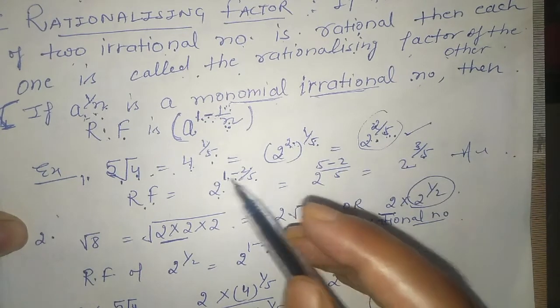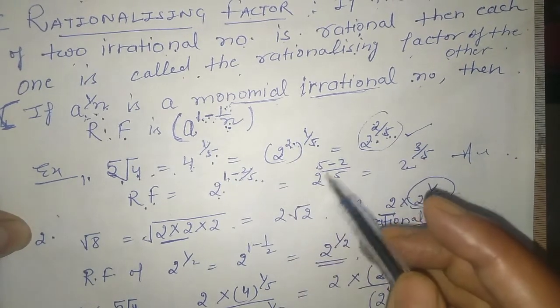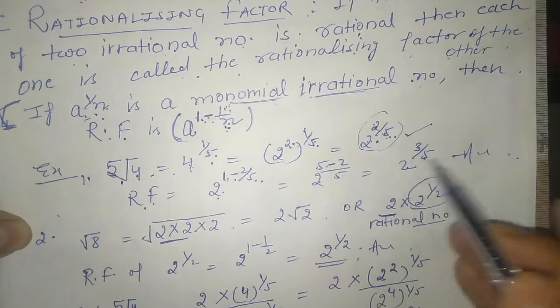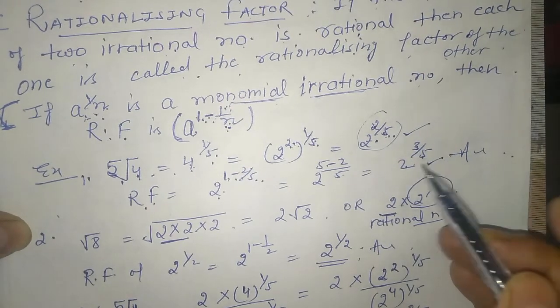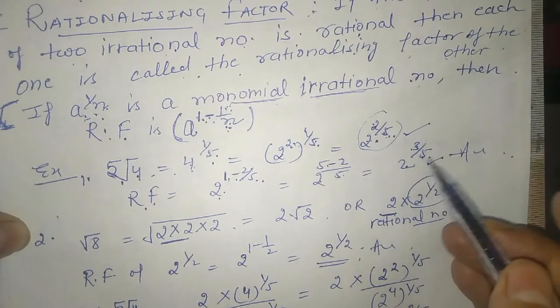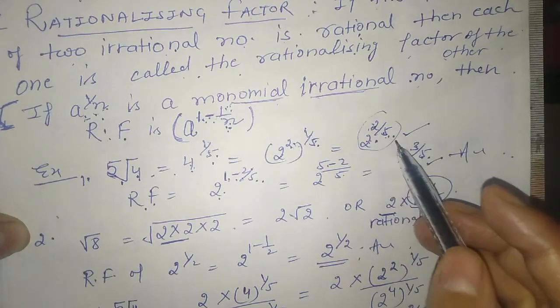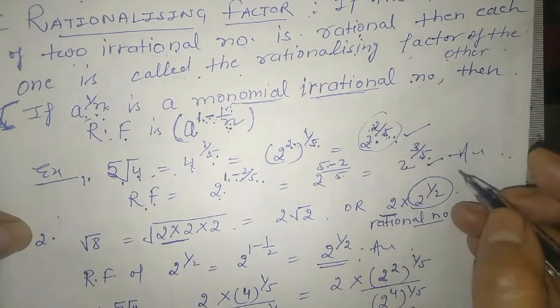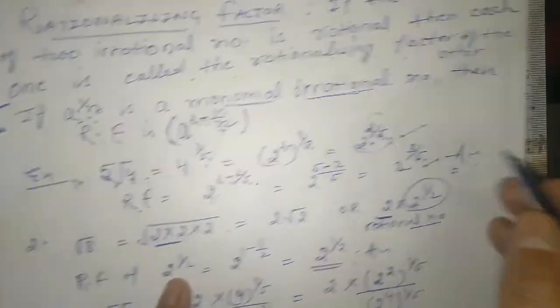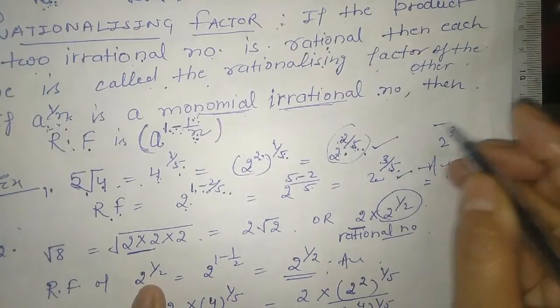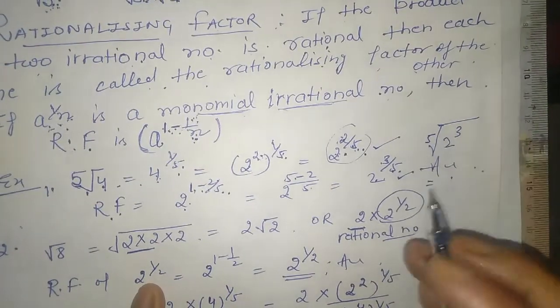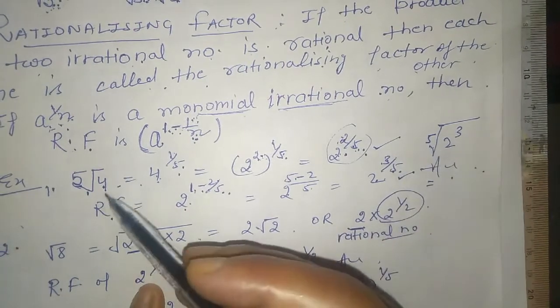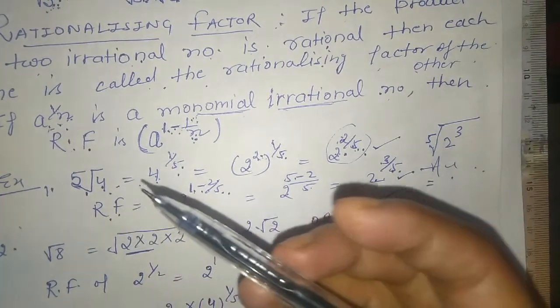So 2 to the power, taking the LCM, becomes 3 upon 5. So 2 to the power 3 upon 5 is the rationalizing factor of 2 to the power 2 upon 5. Or we can write it as the 5th root of 2 cubed is the rationalizing factor of the 5th root of 4.